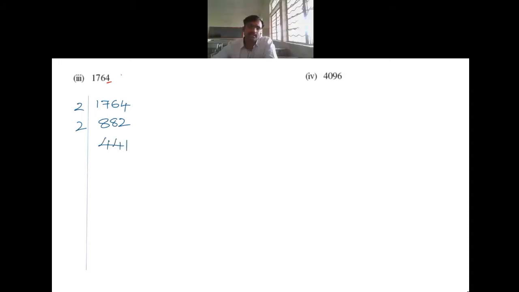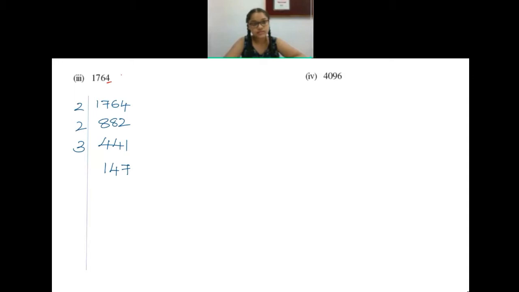441. Now, is this number divisible by 3? Yes, sir. The sum is 9, so it is divisible by 3, 147. It is also divisible by 3 further, because the sum is 12, isn't it?